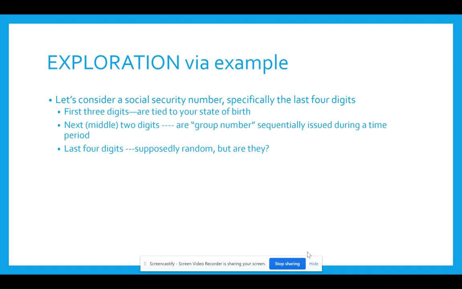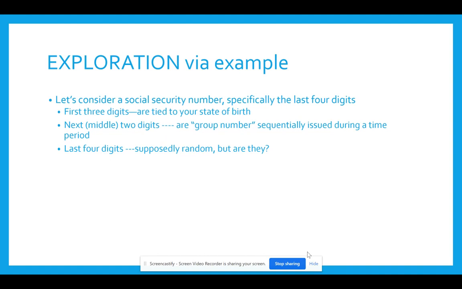We all, or most of us, have a Social Security number, and I want us to focus specifically on the last 4 digits. You may not know and you may not care, but the first 3 digits are tied to your state of birth.